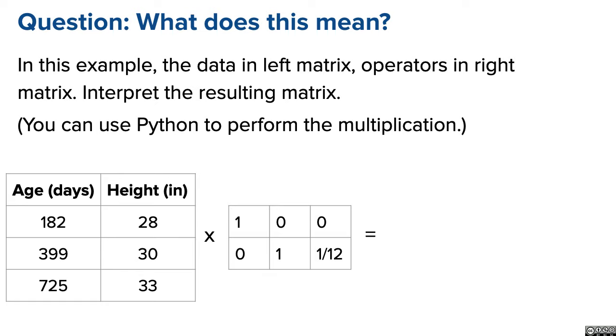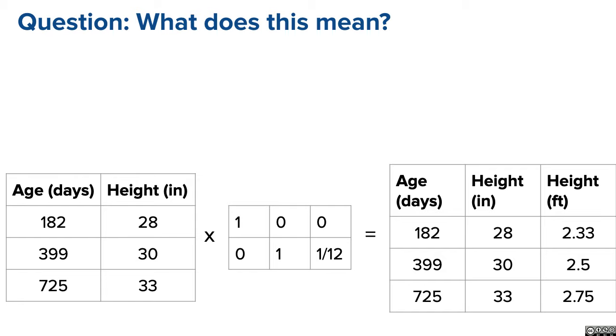Okay, let's bring it back together. If you actually perform this operation, or if you do it in Python, you'll notice that the result looks like this. I would interpret the result as the same data set as the original, but with an additional column where the height is in feet instead of in inches.